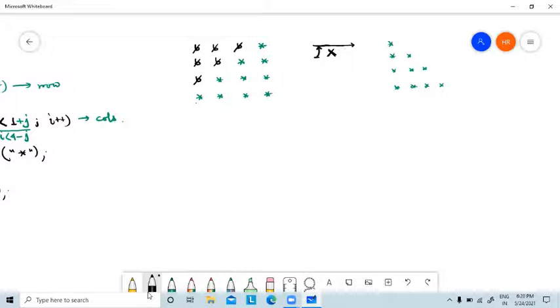Okay, suppose you are in a column at the end, you want to move to the front, you can do it, but there is no way that you can move backward to the previous row. It is not possible. So that's why the pattern will be considered like this.